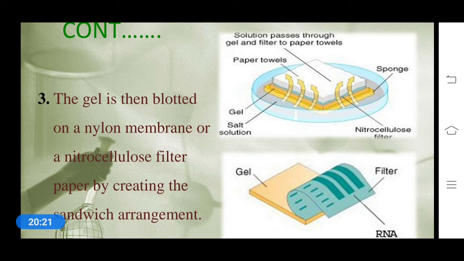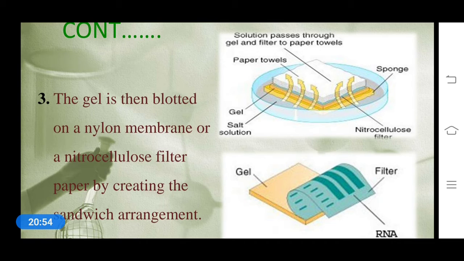Next, the gel is blotted on a nylon membrane or nitrocellulose filter paper by creating a sandwich arrangement. For creating a Northern blot, we use a sandwich arrangement, which is not seen in Southern blotting. The solution passes through the gel and filter to paper towels. If you see the arrangement, at the base there will be a support.